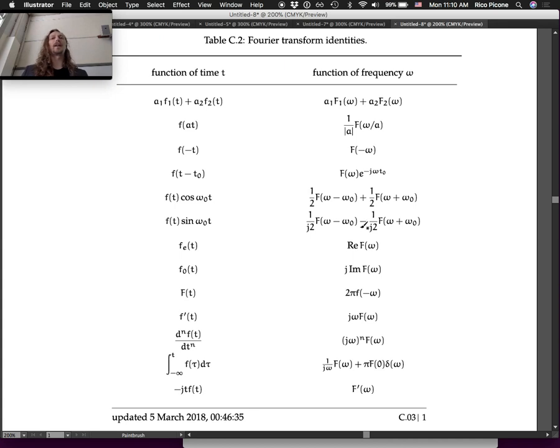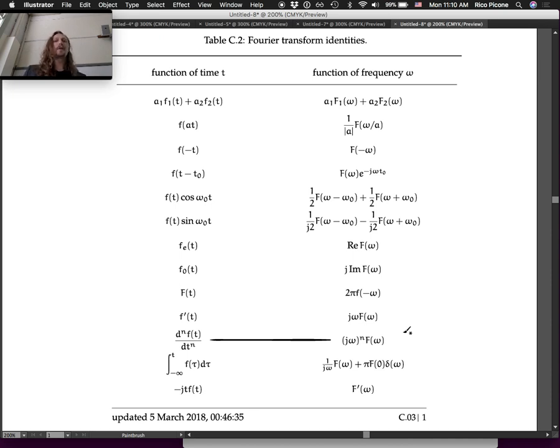Alternatively, you can go from the right-hand column to the left-hand column, which would be the inverse Fourier transform. Just like your Laplace transform table, we have a Fourier transform table. Time derivatives show up right here. It says that the nth time derivative of some function of time is just j omega raised to the nth power times the Fourier transform of the function.